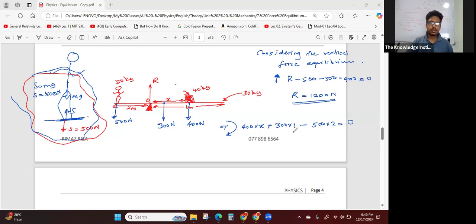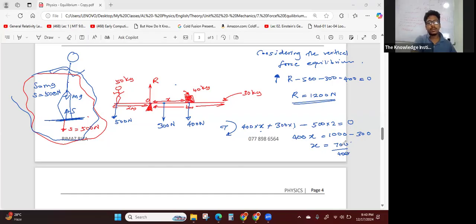So then we can simplify here. 400 into x equals 500 into 2, 1000 minus 300. So therefore x equals 700 divided by 400. Am I right? So 400 into x plus 300 into 1 minus 500 into 2. So 700 over 400. So these 2 cancel, 7 over 4.